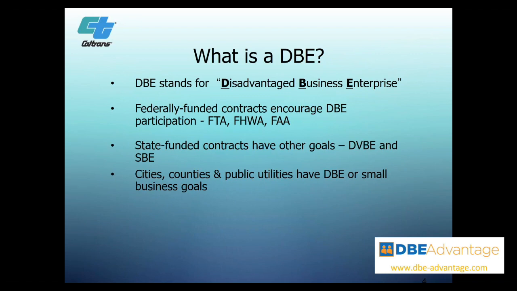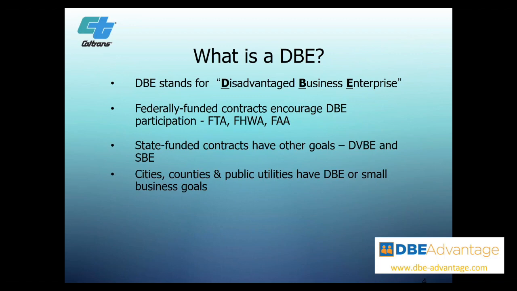So when we look at these federally funded contracts that come from the Federal Transit Administration, the Federal Highway Administration, or the Federal Aviation Administration, these three modes of U.S. DOT contracts include the DBE program. Anything else that you see outside of these three generally will not be considered a DBE program or subject to the DBE program rules.